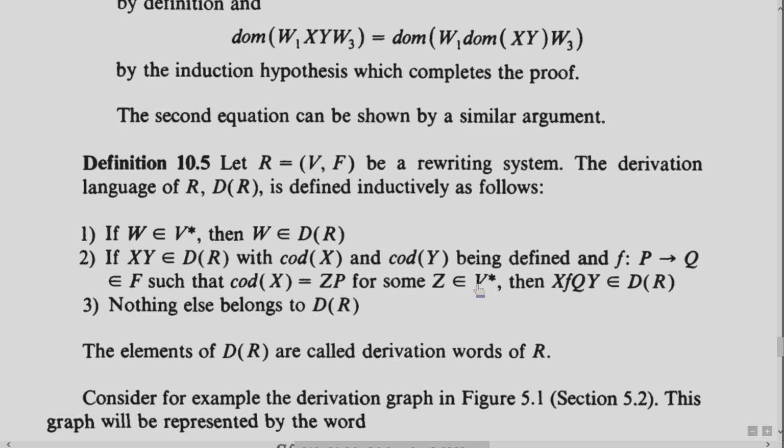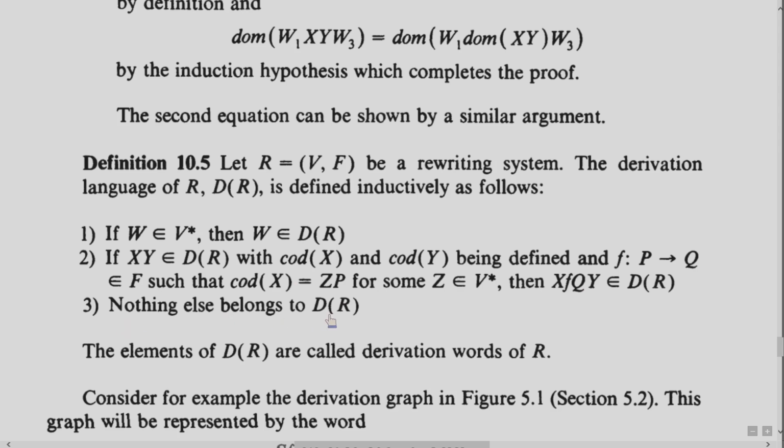Thirdly, there should be a production P to Q. And fourthly, the codomain of X should have a concatenation of ZP, where Z is in V star only, meaning Z does not contain any production rule, and the codomain of X does not contain a production rule.